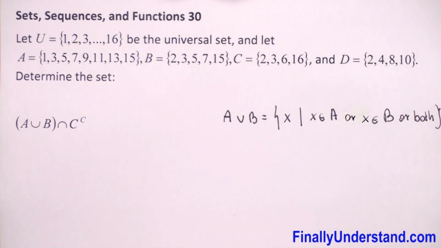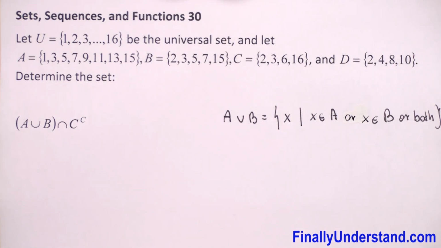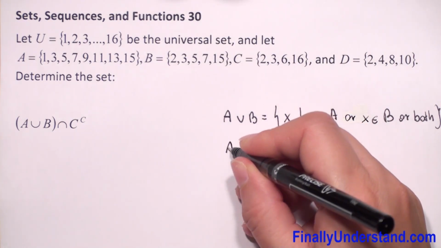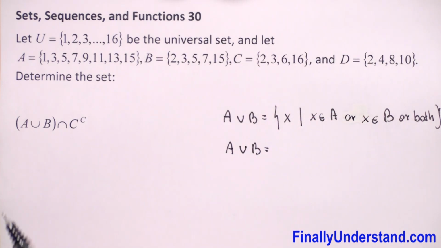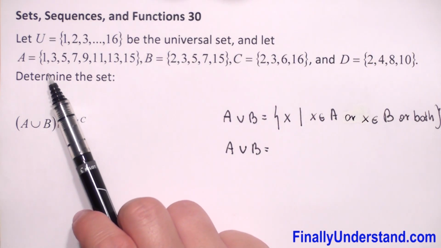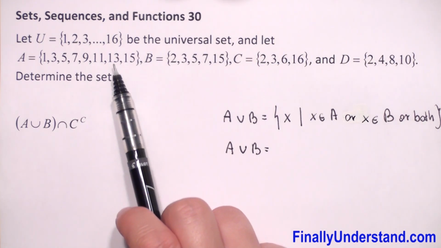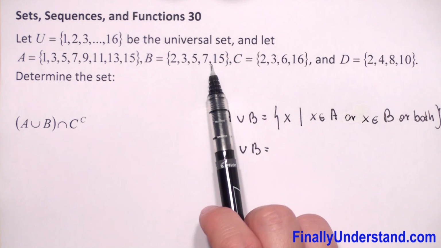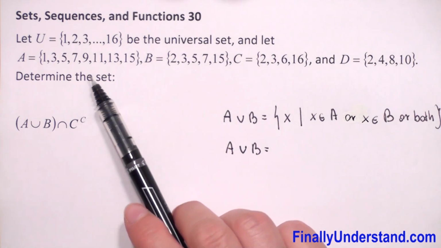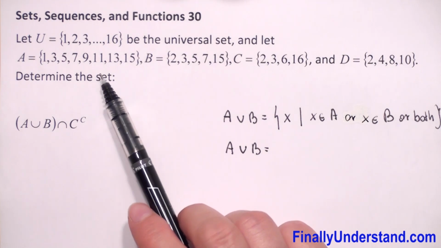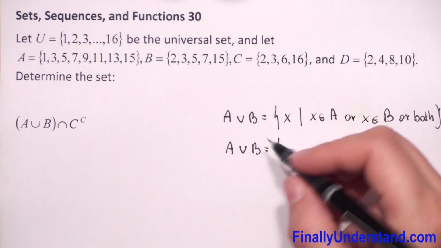So we can find the union of these two sets. Union of A and B will be, let's see what we have. We have to copy all elements from set A and all elements from set B, and we have to put only 1 time the elements which are the same. So we have 1.